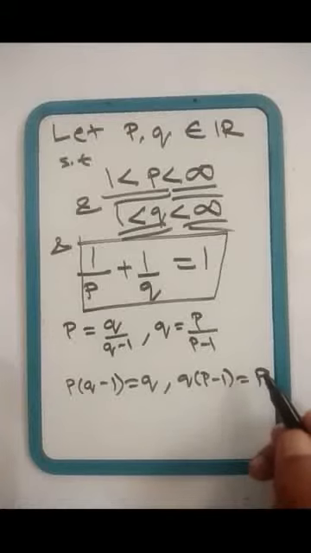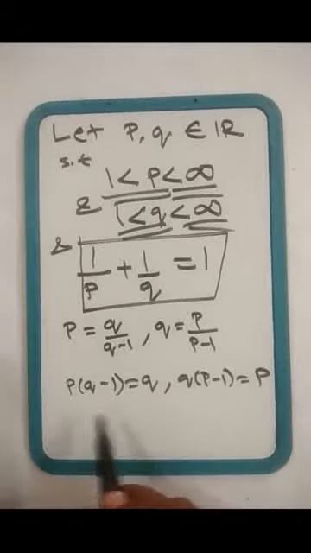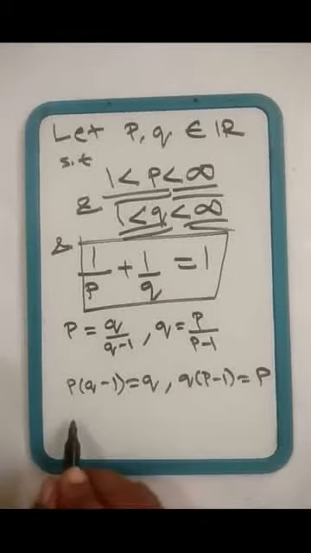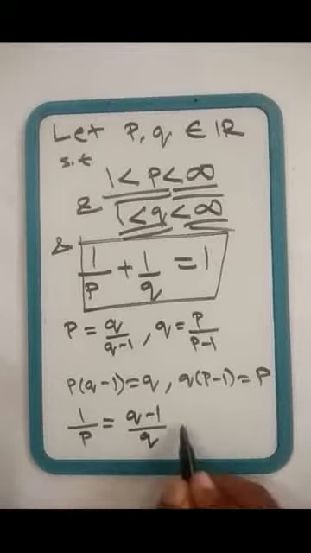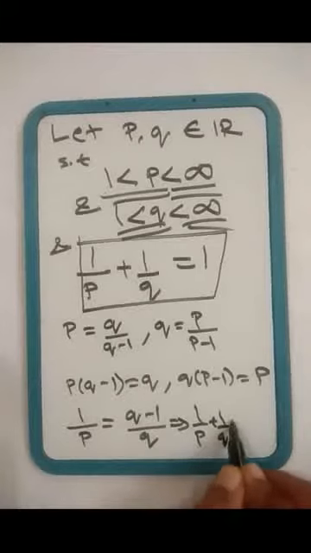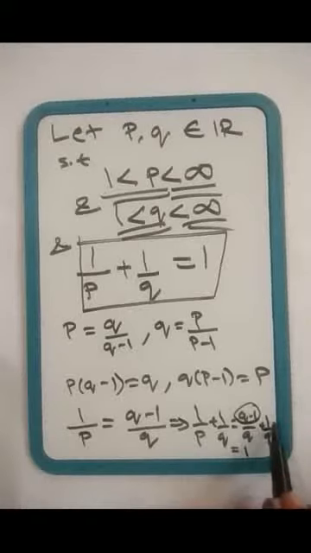Okay. And so 1 by P and 1 by Q could be written in this manner: 1 by P is Q minus 1 upon Q. So this implies that 1 by P plus 1 by Q is equal to Q minus 1 by Q plus 1 by Q, and clearly this is equal to 1 because Q minus 1 plus 1 is just Q, and Q divided by Q is 1.